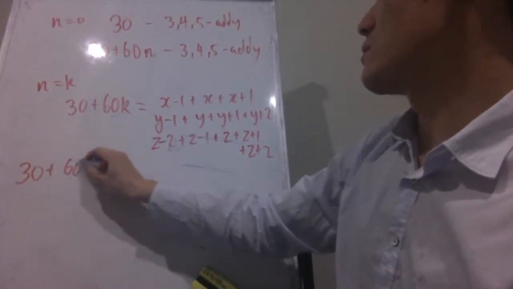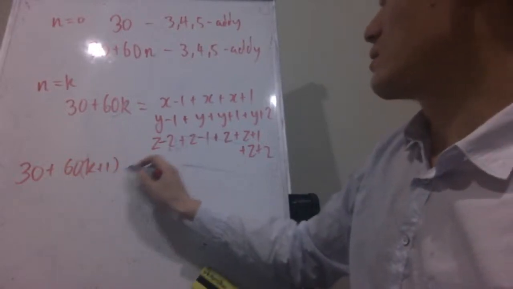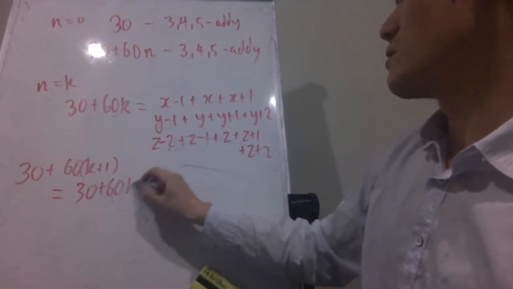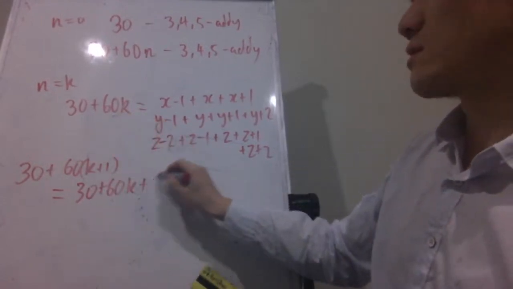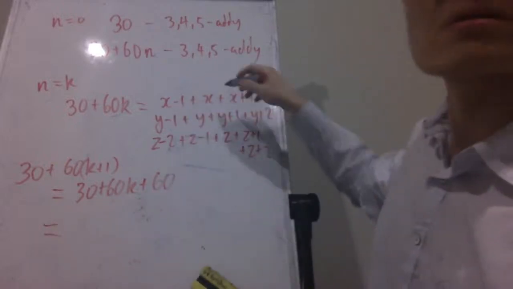So it's 30 plus 60k plus 1, yeah? What this is equal to is 30 plus 60k, so that's the old one, right, plus another 60, yeah? So it's equal to all of these things plus 60.